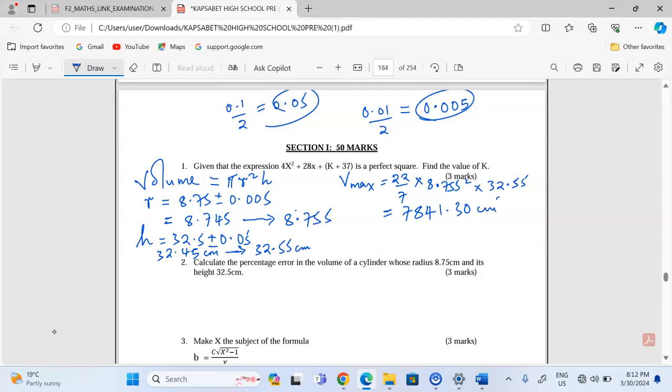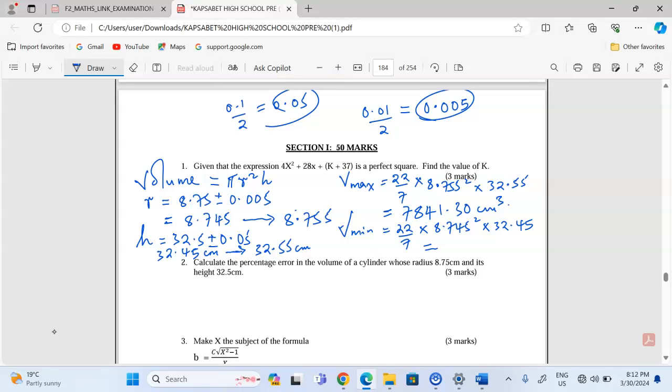7841.30 cubic centimeters. We can go to volume minimum, whereby we will take pi times the minimum radius being 8.745 squared multiplied by the minimum height being 32.45. Then I compute this.